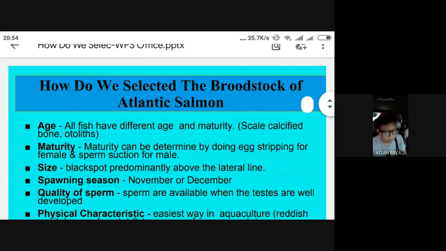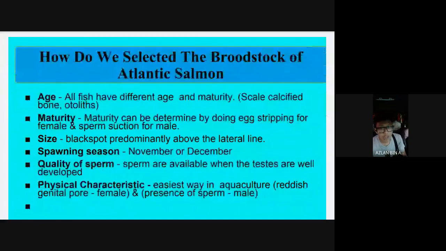Good day, folks. My name is Azlan bin Aziz, and I will be talking about how we select the broodstock of Atlantic salmon. First of all, how we select the broodstock is the same as other fish, by choosing the right age, maturity, size, spawning season, quality of sperm, physical characteristics, and many more characteristics need to be considered.